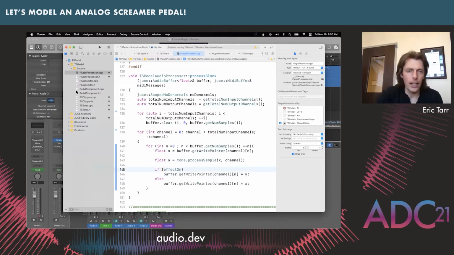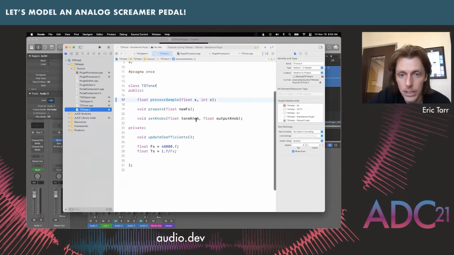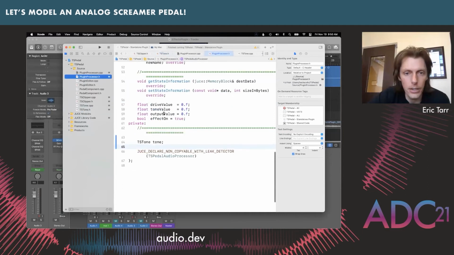Okay, and then we'll also want to update our parameters. So I have a method set up to do that, set the knobs here, which has two knobs: the tone knob and the output knob. So we have those values to work with here. Let's put those in.